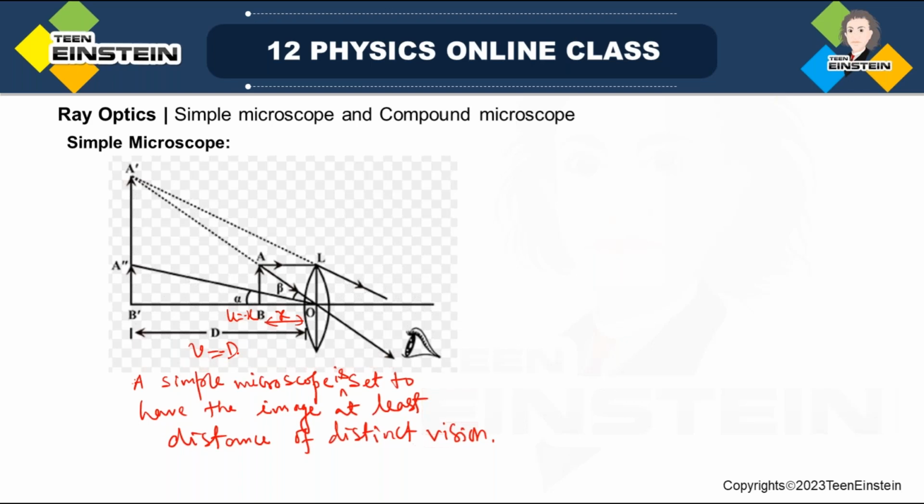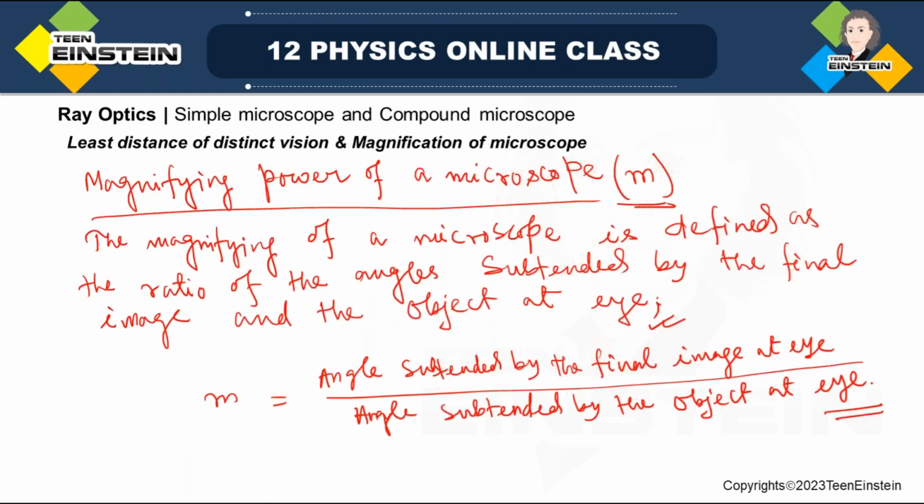Now if we define magnifying power in this case, I hope you remember the definition. I can show it once again, because I have not erased it.